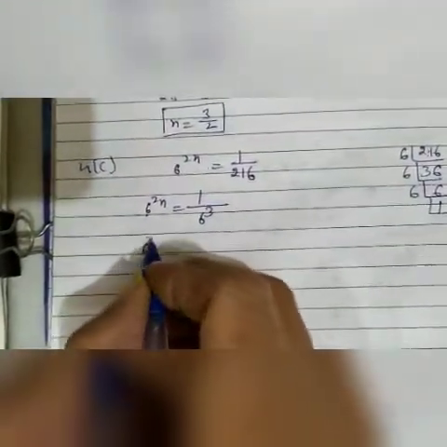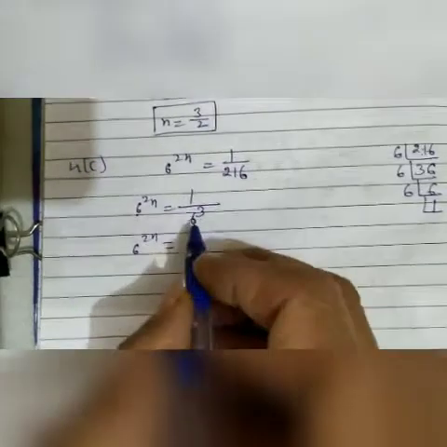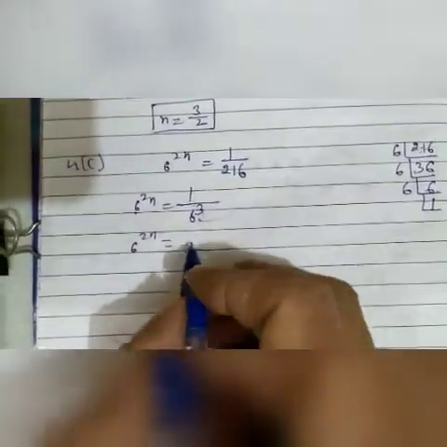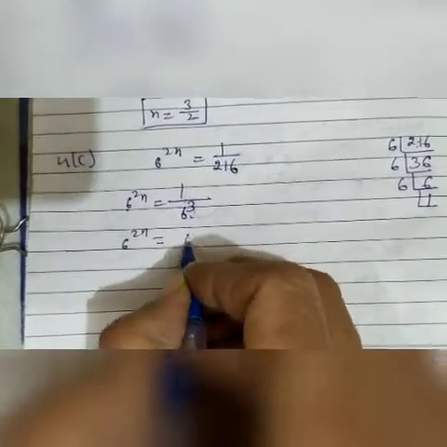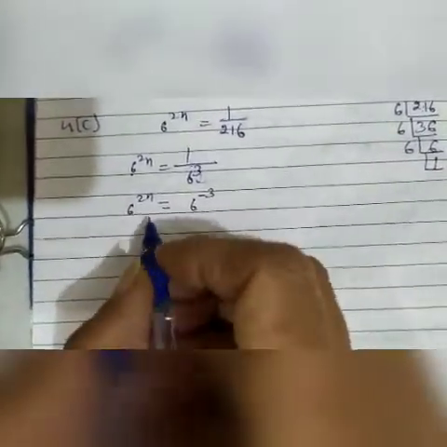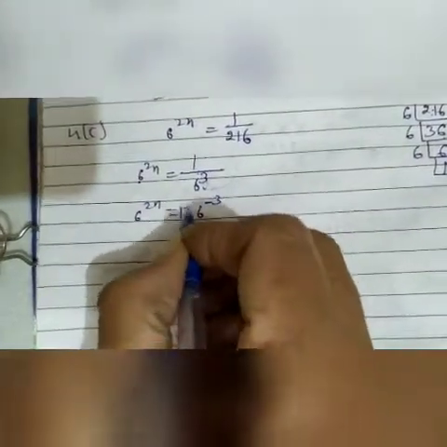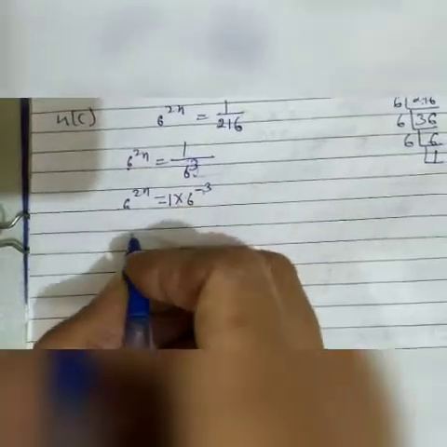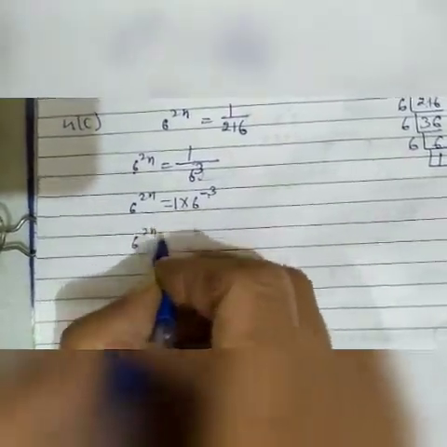Now this is 6 power 2n is equal. We will take this 6 power 3 from denominator to numerator. It can be written as now 6 power minus 3. We can write it 1 multiply 6 power minus 3. Now 6 power 2n is equal.